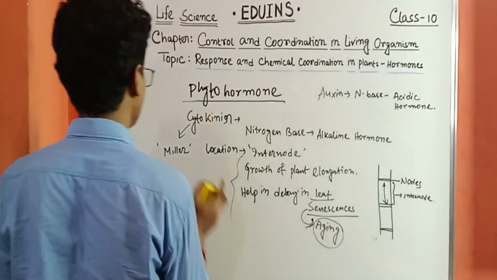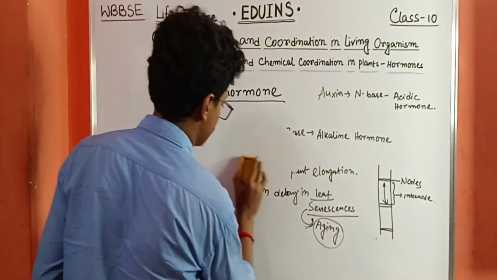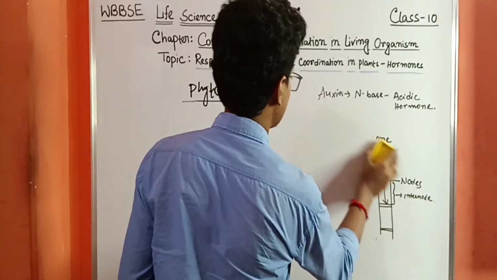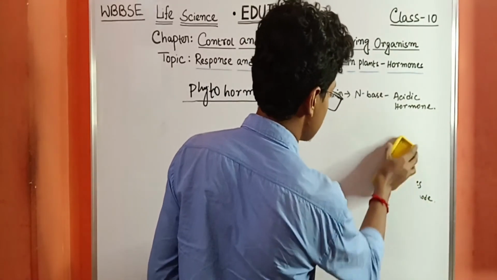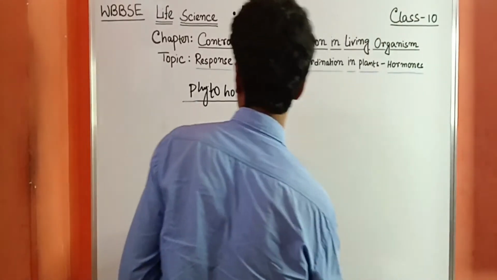There are also some synthetic hormones. What are they? Mainly synthetic hormones are the derivatives of the auxins.